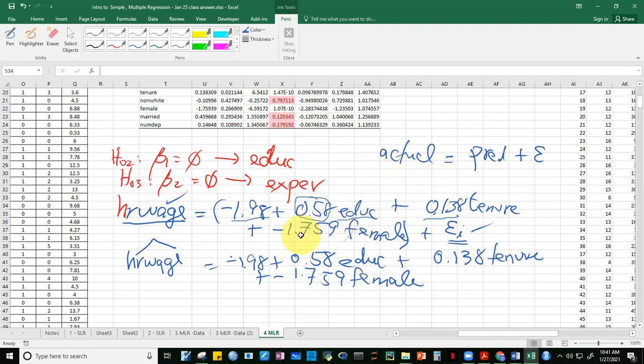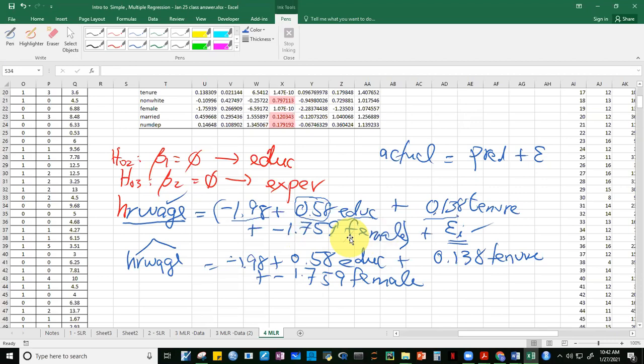So ang ibig sabihin nito, on the average, female employees receive $1.759 less, kasi negative, less than their male counterparts. Okay? So yung mga dummy variables, guys, that is always interpreted in relation to your base or reference factor.